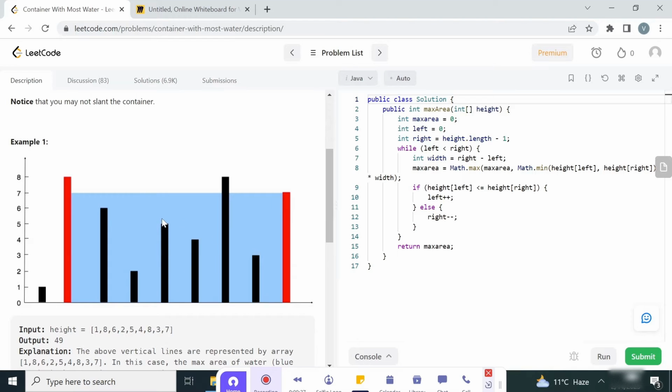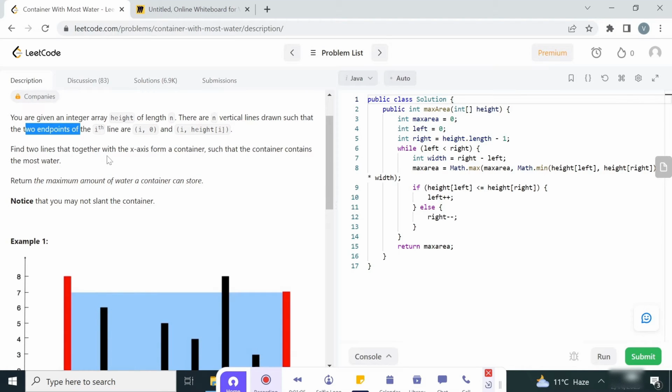For every line, the first endpoint is (i, 0). If it starts from 0, 1, 2, 3, 4, then for this line it will be (4, 0), this endpoint, and the other endpoint will be (4, 5), the height of the line.